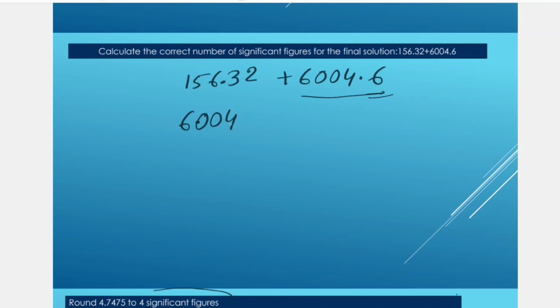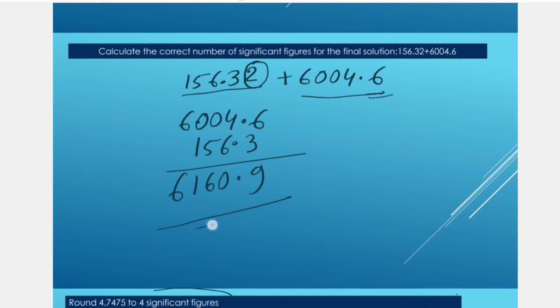So we will write 6004.6 as it is, but we will have to round off this number. As this is less than 5, it will remain unchanged and this number becomes this. We will add these 2 over here, this becomes 10, so 60, and this is our answer.